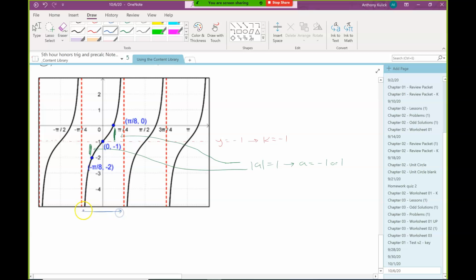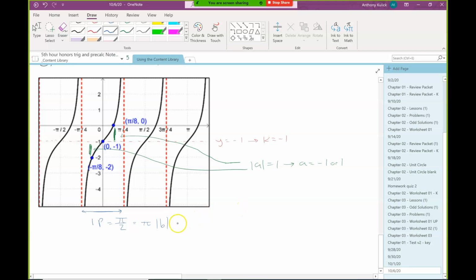The distance between my asymptotes is my period. Now remember that for tangent, unlike sine or cosine, the period is pi times b instead of 2 pi times b.